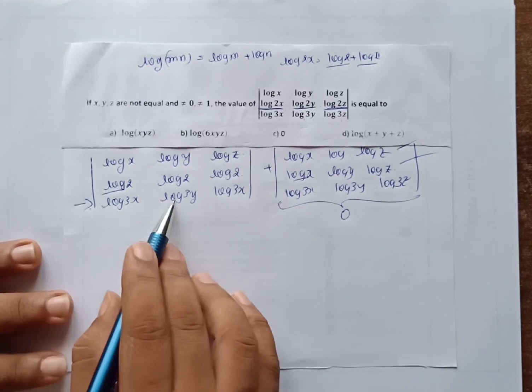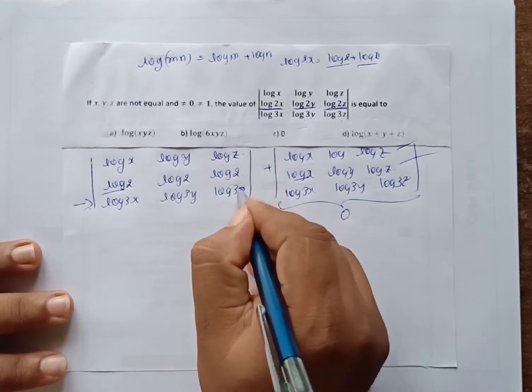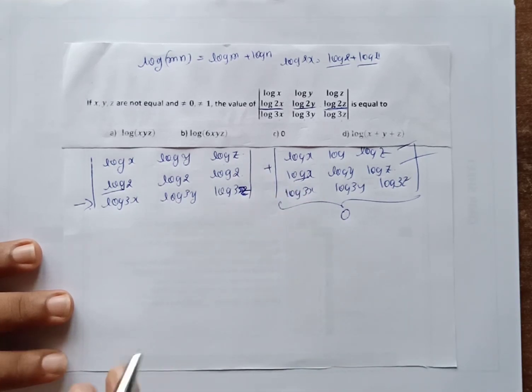What is R3? Log 3x, log 3y, log 3z. Right. So again this one we can expand.